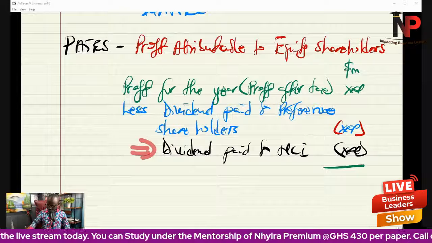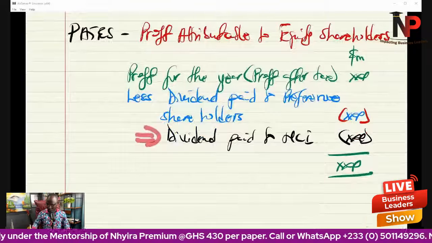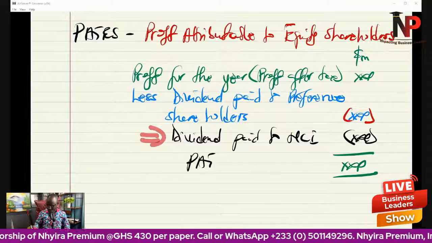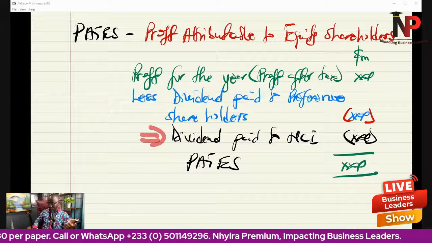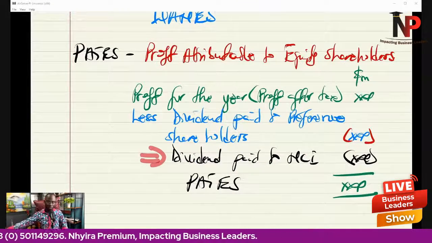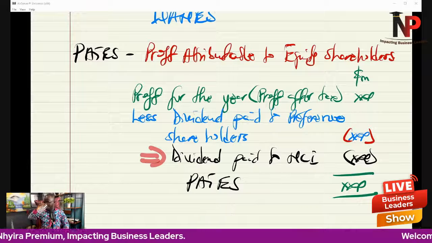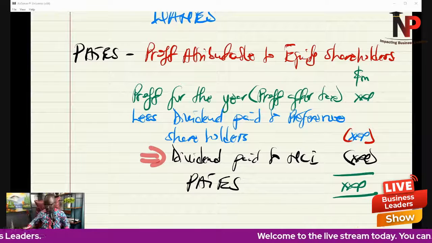So that will be deducted there. And then boom, that gives us our PATES. Okay, that gives us our PATES. So profit attributable to equity shareholders, that is how we calculate it.